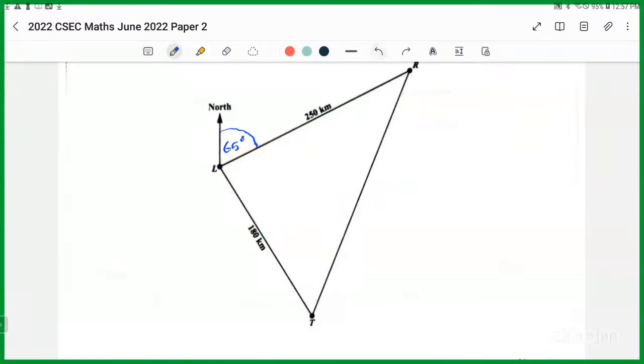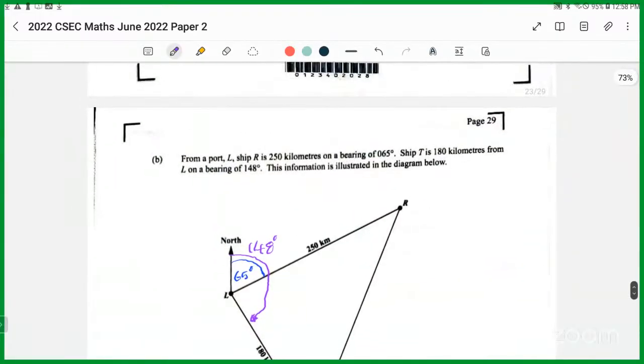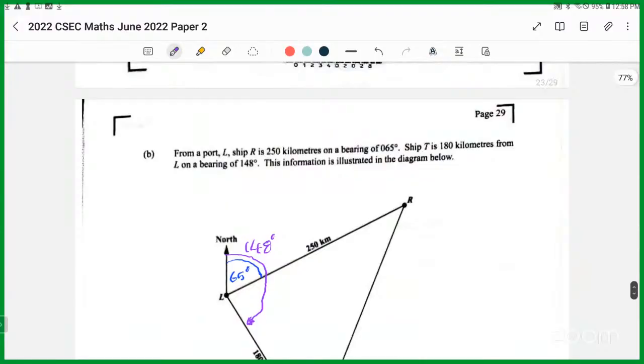Let's use a different color, purple. The bearing all the way around here is 148 degrees. That's the bearing of T, direction L to T, 148 degrees.